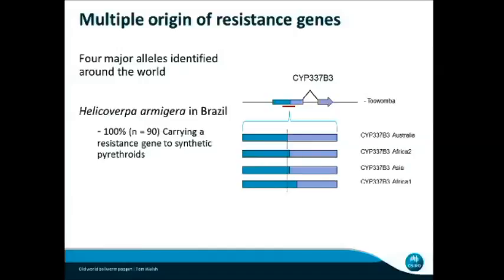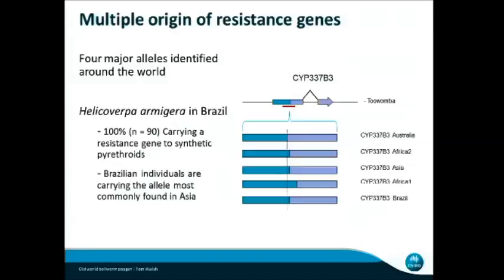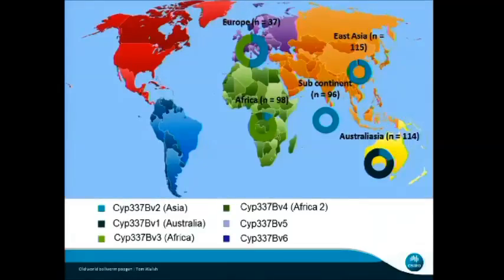And all of the individuals in Brazil are carrying the resistance gene to pyrethroids, which is a nice double whammy for them. And they're all carrying the allele that is dominant in Asia. So this is sort of showing you the distribution of the alleles, and here we have our Australian allele, but we do also have some of the Asian allele here.